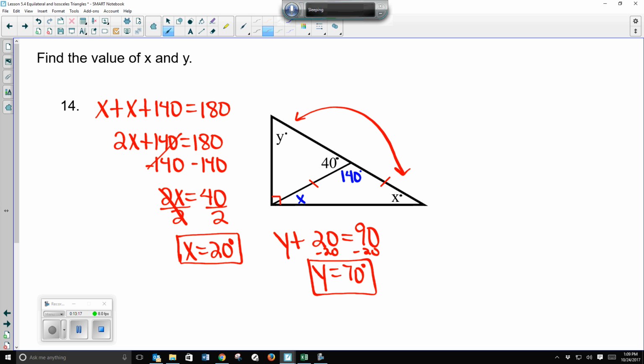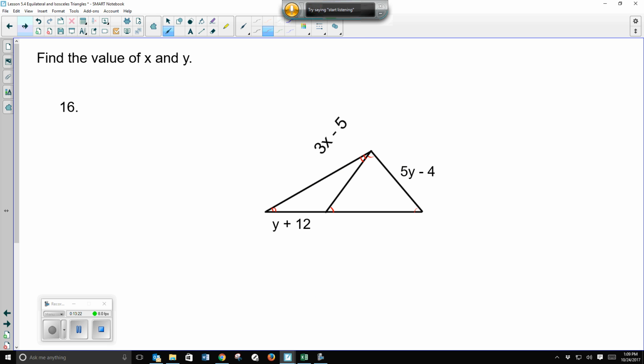Okay, let's look at another one. There's no good way really to show that. It messes that figure up. Let's at least make that smaller. And you can follow in your book, number 16 on page 256, if you're having a hard time seeing that.